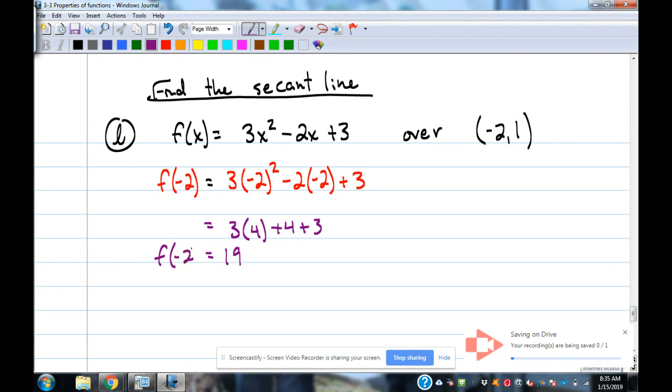So f of -2 is 19. And then do the same thing for 1. That's 3 minus 2 plus 3 is 4.